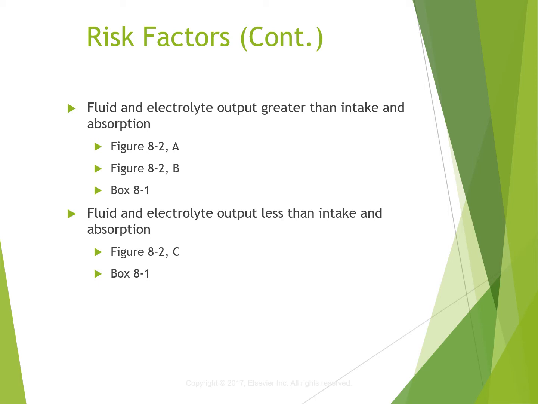Normal output is balanced by normal intake. In the next picture, extracellular volume is normal, the osmolality is normal, and the plasma electrolytes are normal, but this is decreased output balanced by decreased intake. And in the third picture, extracellular volume, osmolality, and plasma electrolytes are normal because increased output is balanced by increased intake.